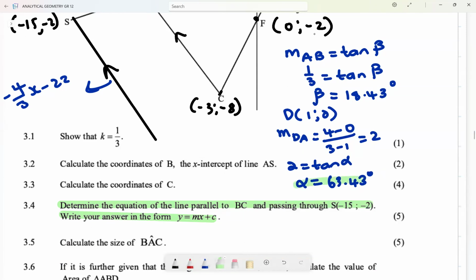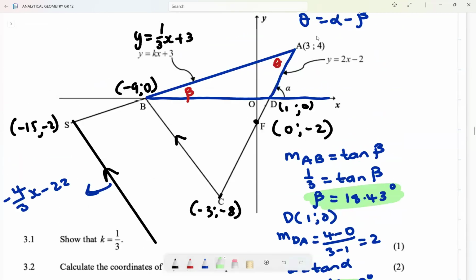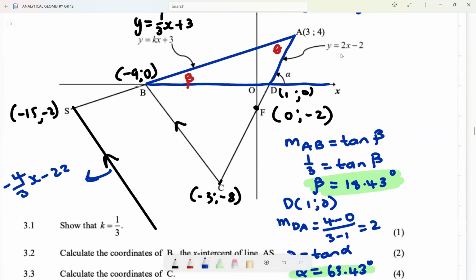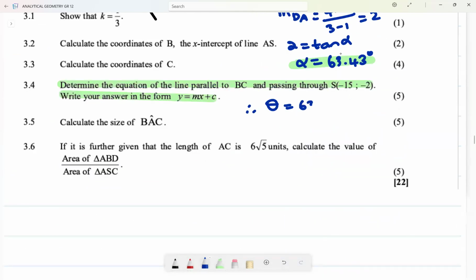Now I have alpha and I have beta, so I can find my theta. Therefore, theta is alpha minus beta, which is 63.43 minus 18.43, and I get a beautiful answer of 45 degrees.